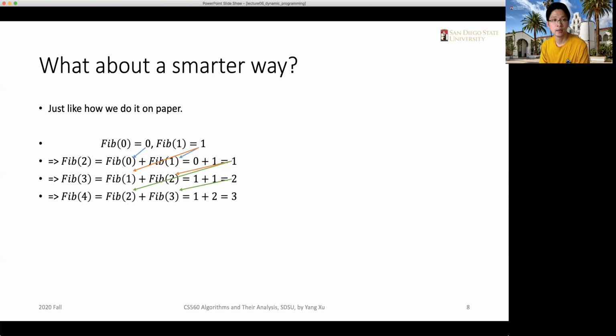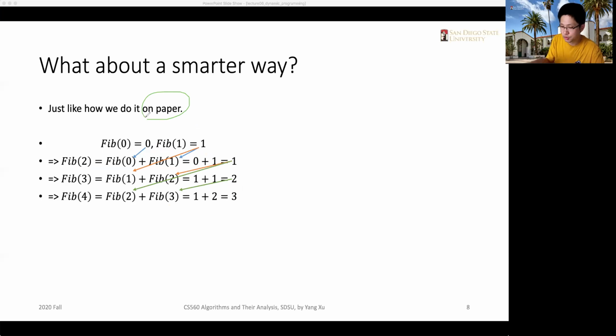Okay, so I mentioned that we are going to solve it on paper, right? And this statement implicitly implies that we need some place to store the old solutions.